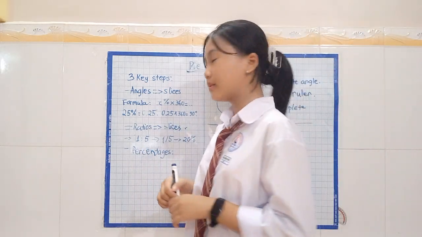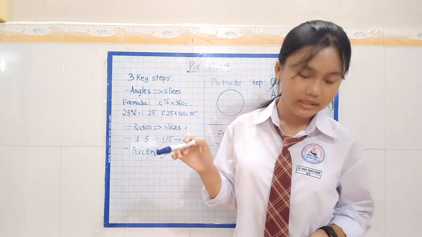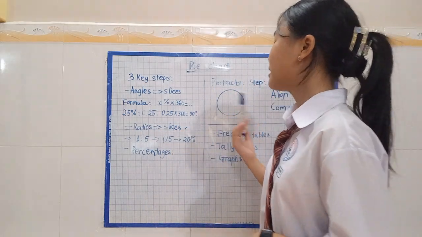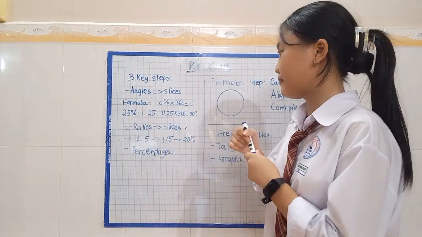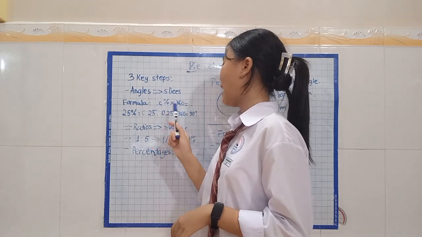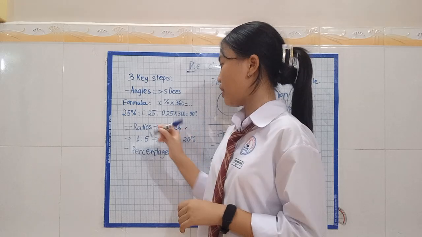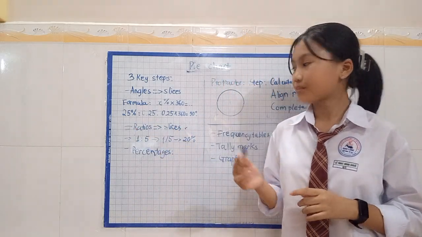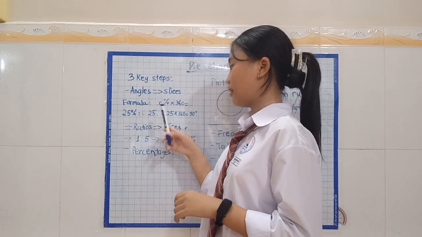It's really important. So our formula to calculate the different slices would be the percentage times 360. Here, the percentage you would change from a percentage to a decimal number.